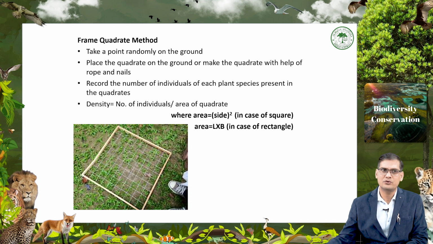Record the number of individuals of each plant species present in the quadrat and then calculate the density of the species by using the following formula. Density is equal to number of individuals divided by area of quadrat, where area is equal to side square in case of square, L into B in case of rectangle.